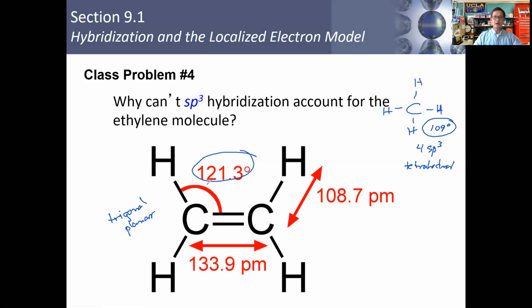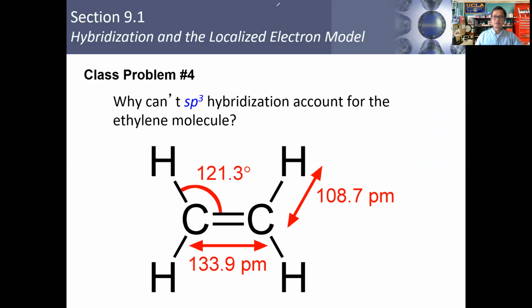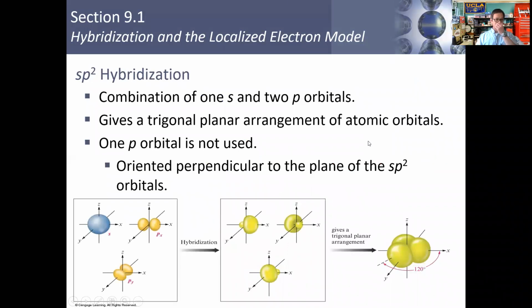So what type of hybridization does occur here? Well, the hybridization, and let me go ahead and close this out real quickly, is what we call sp2 hybridization. With sp3, you take one s orbital plus the three p orbitals to form four sp3 hybrid orbitals.